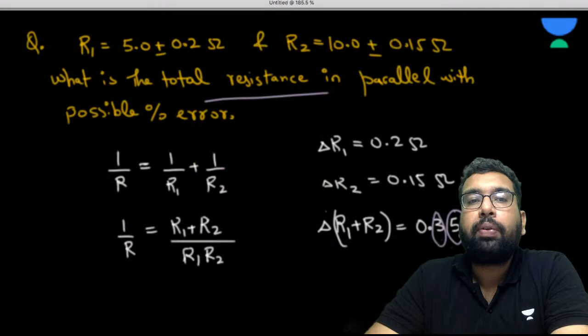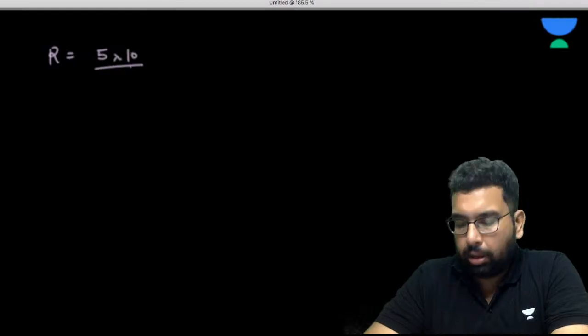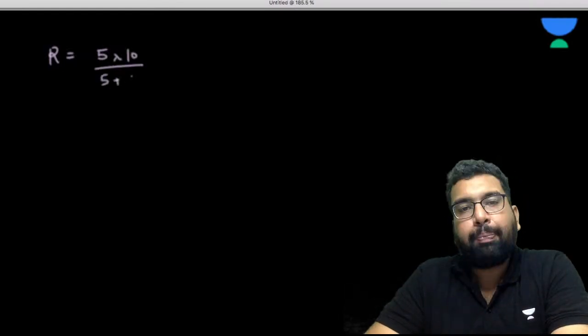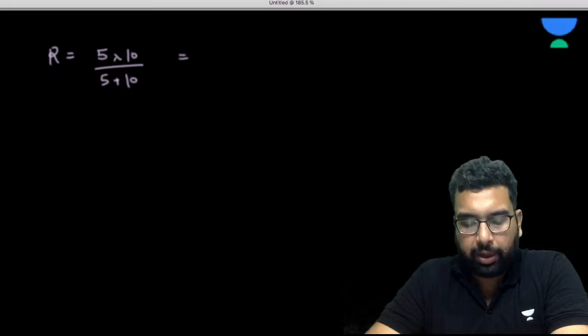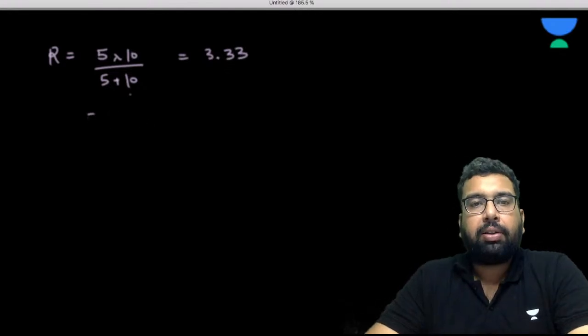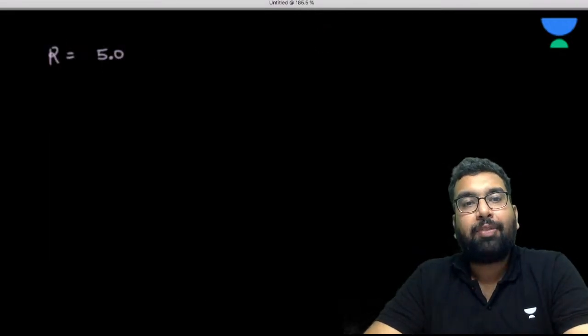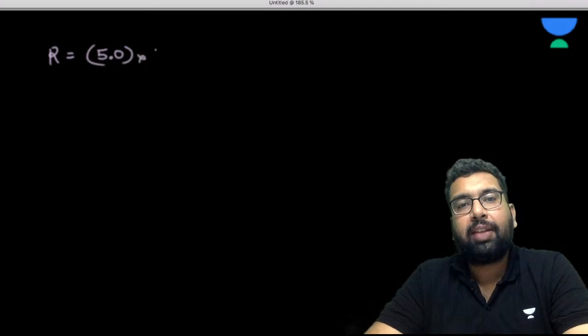We will be using the true value or the mean value of that quantity. So it is 5 into 10 upon 5 plus 10, which is 50 upon 15. We have to be careful with the significant figures also.